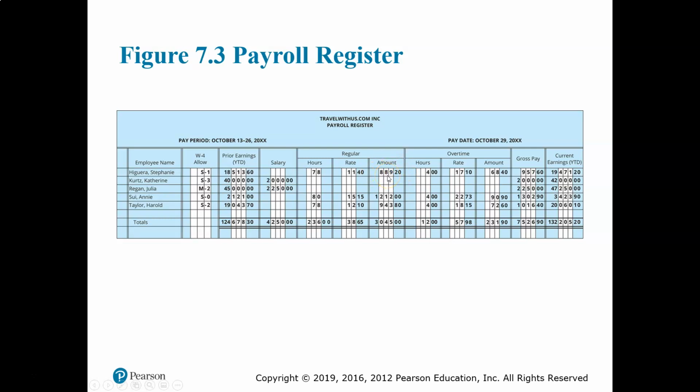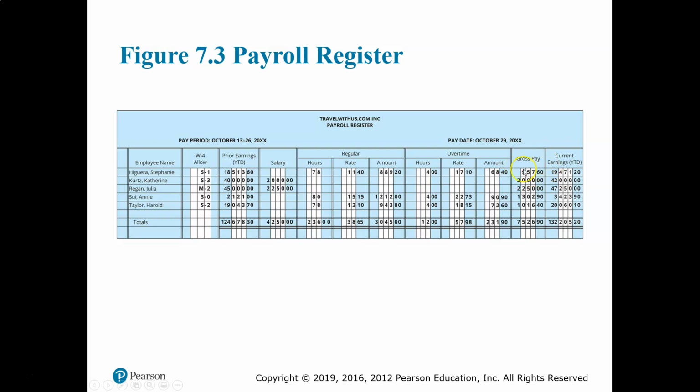And then you would, of course, have deductions that you would have to calculate. So then overtime and their overtime rate to get that amount. So this is the gross amount they're going to get paid for this paycheck. You may have deductions for insurance, for 401k, for taxes, of course.